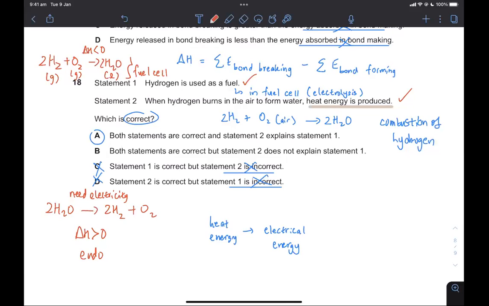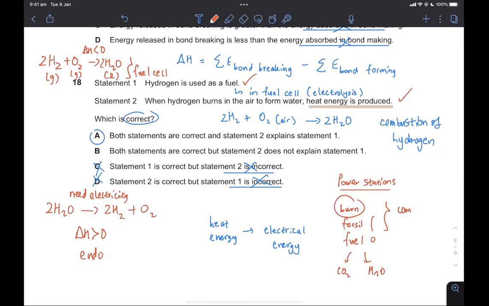When you're an engineer, you would know that when you burn fossil fuel, this is what happens at a power station, a power plant. All over Brunei, we have power stations. They burn fossil fuels. We get CO2, we get H2O. They burn, that means it's combustion. What does combustion do? Combustion is always exothermic.